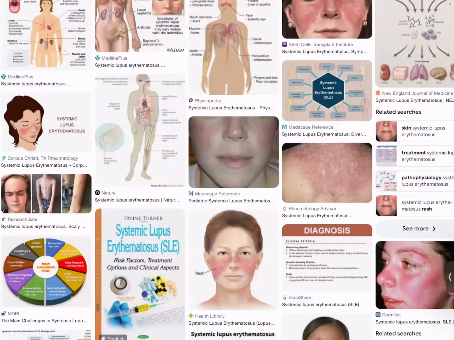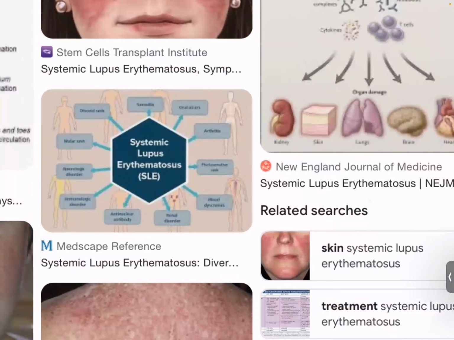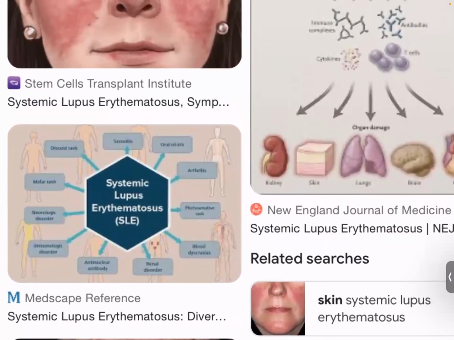So whenever there is a case of systemic sclerosis, think about the heart. Systemic lupus erythematosus, think about the heart, think about the brain, think about the lungs, think about the skin, think about the kidneys.